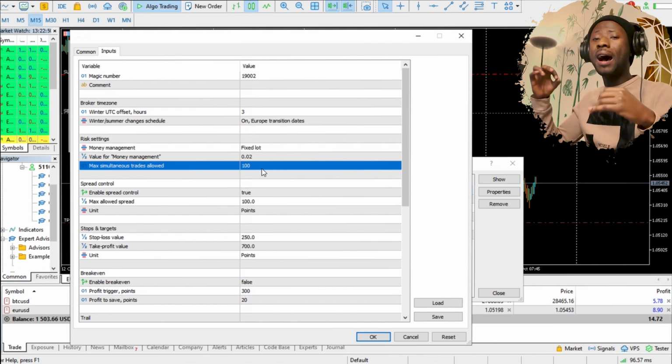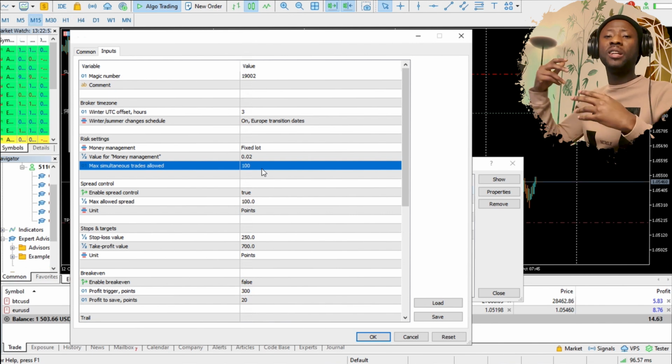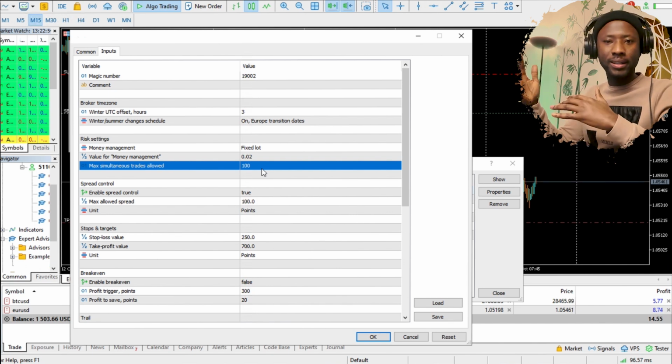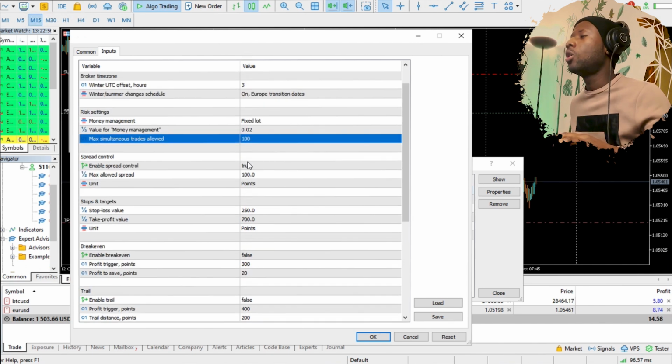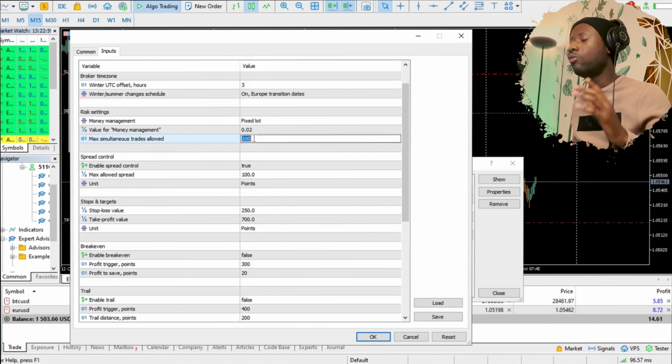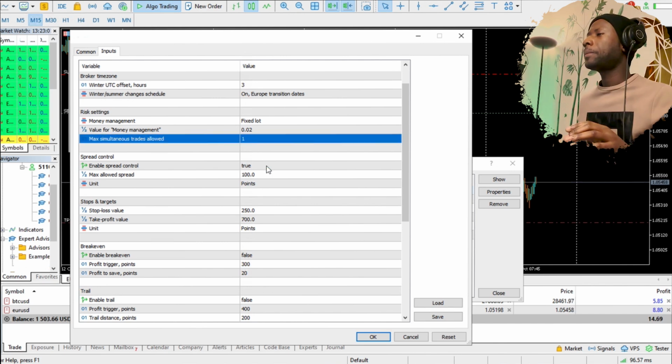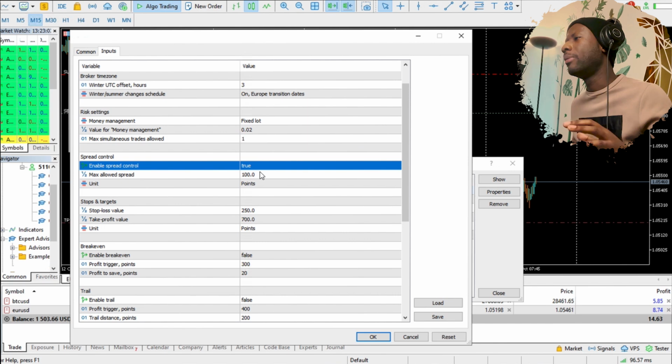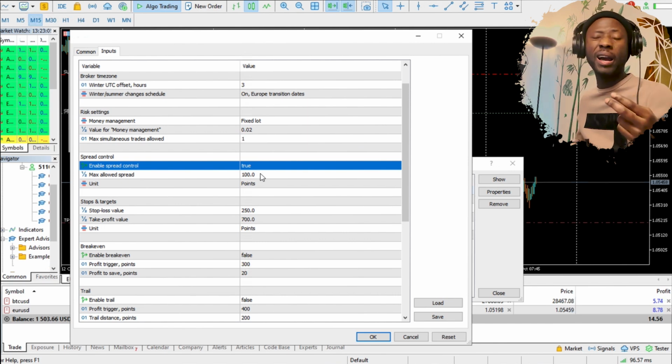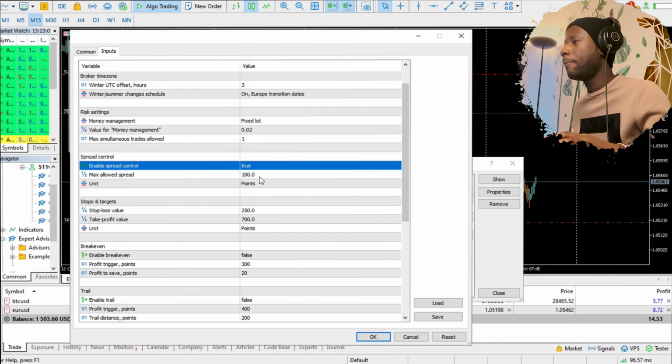Sometimes they give you other parameters, the distances at which it has to open these other trades. So I want to open one trade at a time because, as I told you, I let it trade like a human trader. Maximum, sometimes I go by 2 trades at a time, okay?